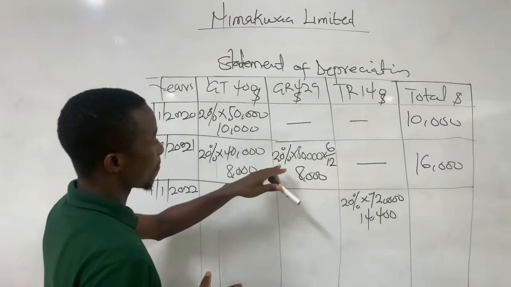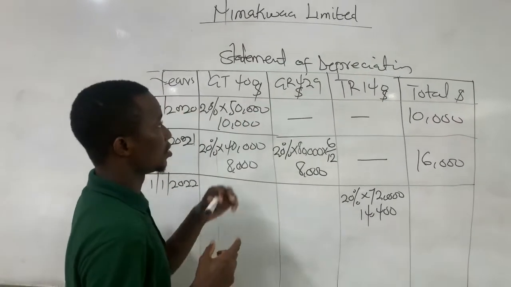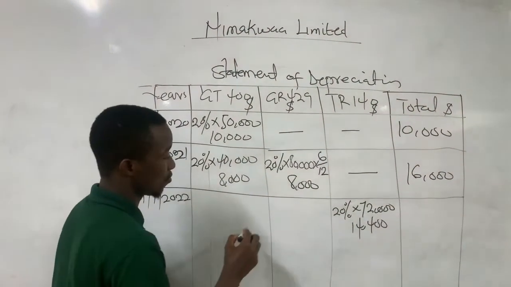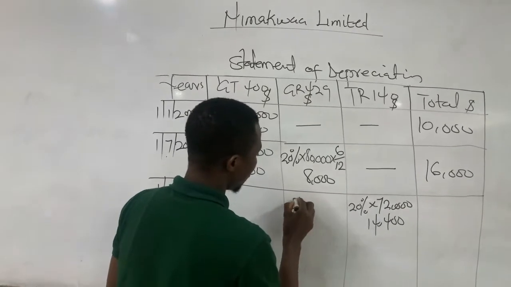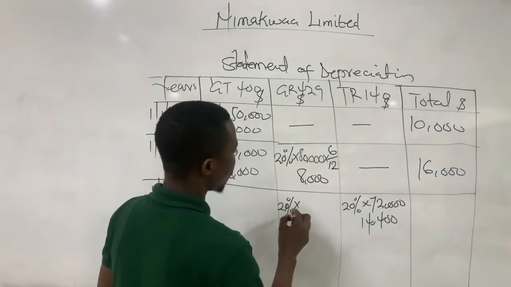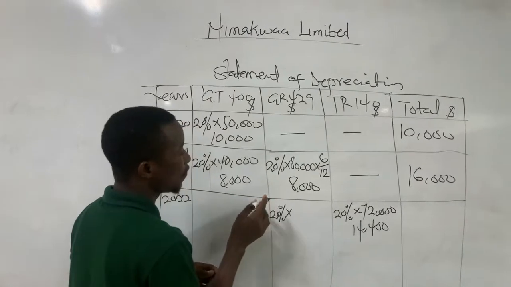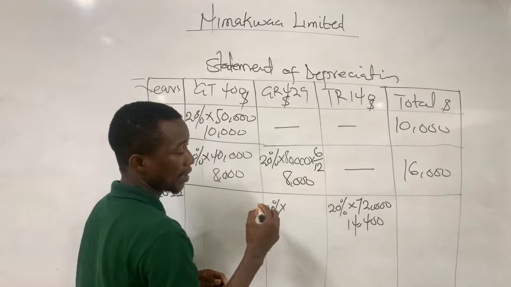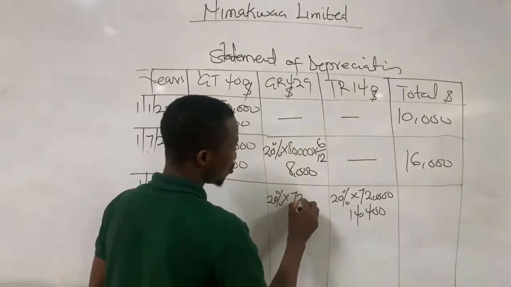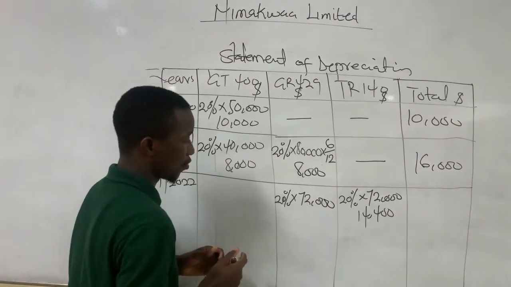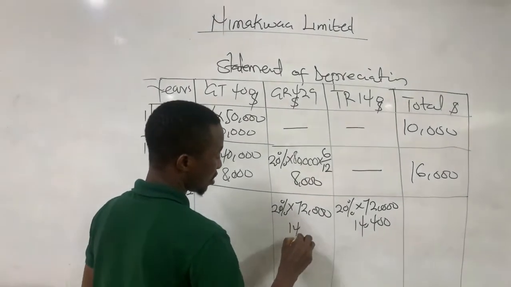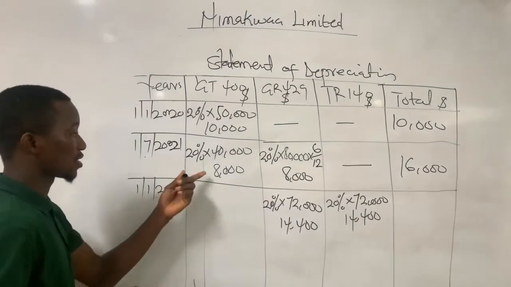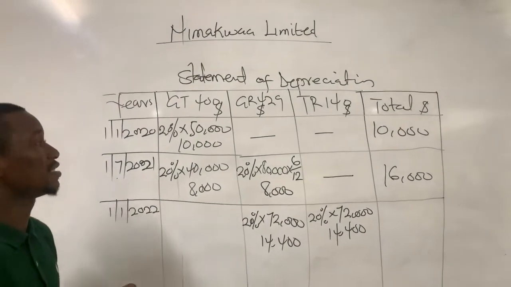And mind you, this asset JR 429 is also in the business for the whole of 2022. So let's calculate the depreciation on it. That is 20% on the net book value. The net book value, we will take the annual depreciation from the cost and get the net book value or the carrying amount, and that is 72,000. When we calculate 20%, we arrive at 14,400. Is that okay?